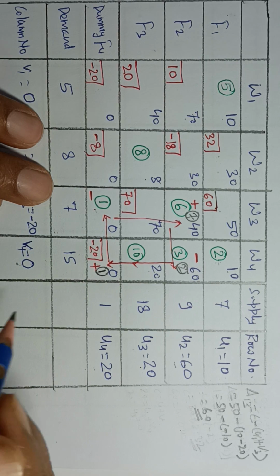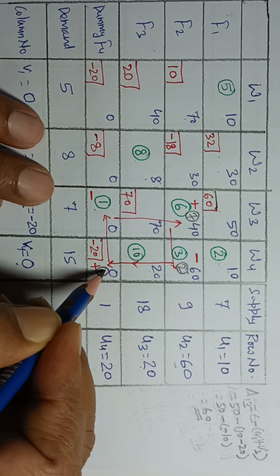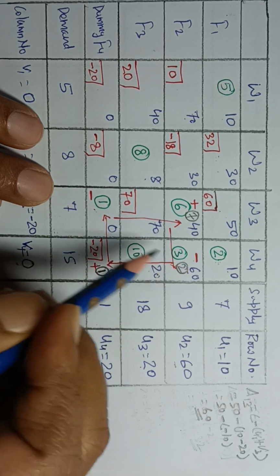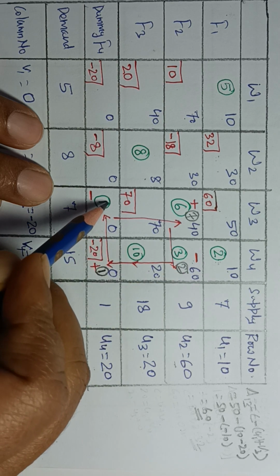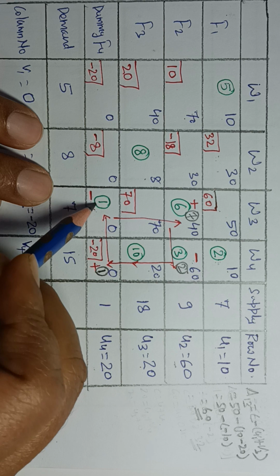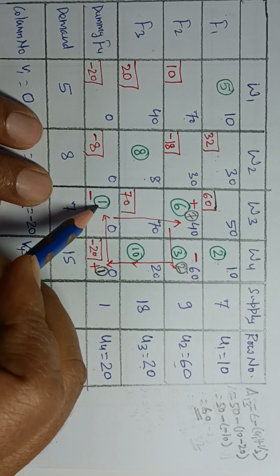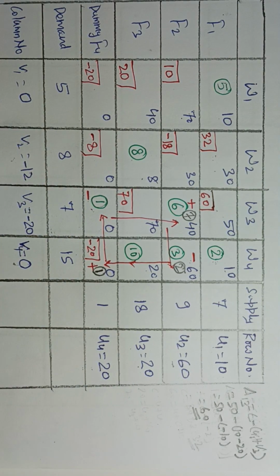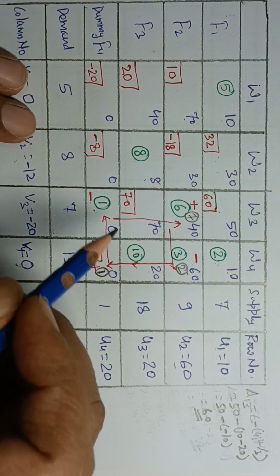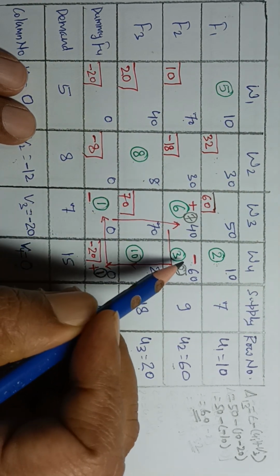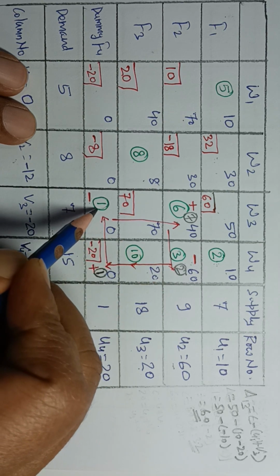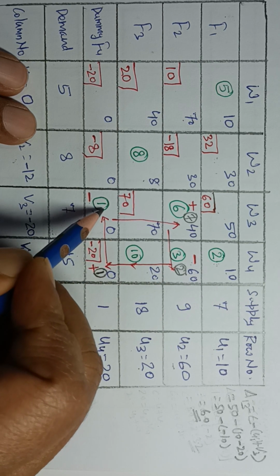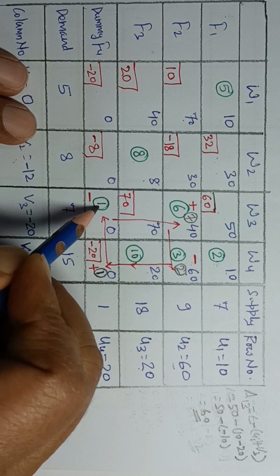So see here what I did: from these 2 negative sign cells, I selected the least cost cell. So least cost among these is here, see 1 and 3.